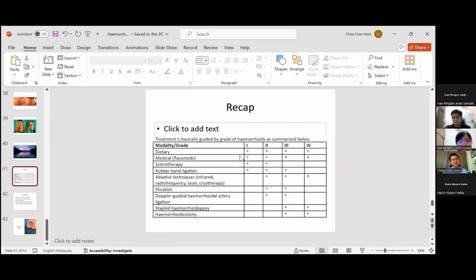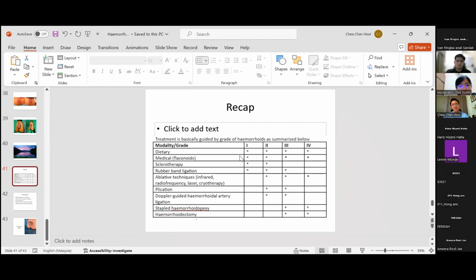But hemorrhoids per se for babies, no. Even young people, teenagers, maybe yes. But most of the patients are actually at least 30 and above.